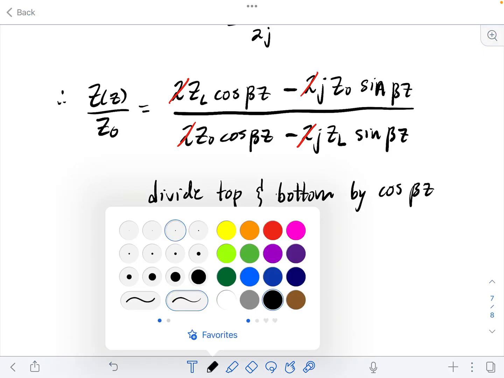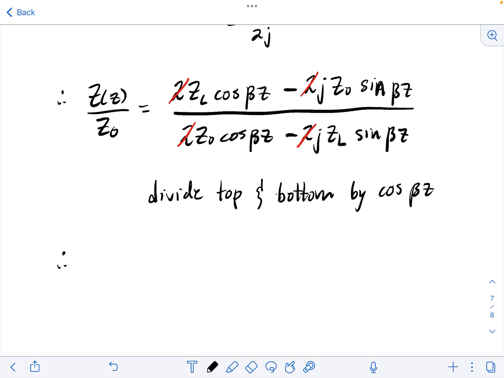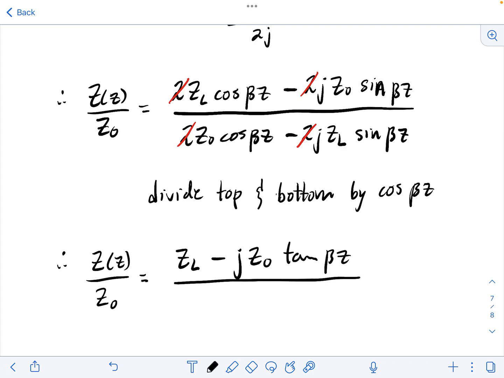Doing that, our impedance divided by the characteristic impedance is going to be ZL, and we divide by the cosine, so that's gone, minus jZ0, and then we'll have sine beta z divided by cos beta z, which is just tan beta z. And in the denominator, it's the same thing except that the order of the Z0 and the ZL are switched. So I think that should be right.